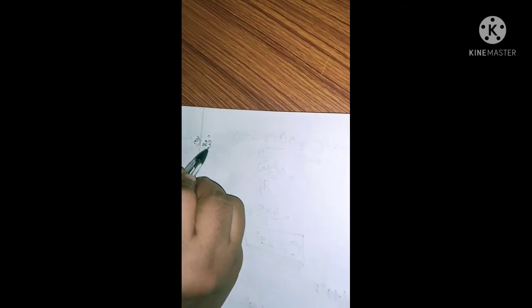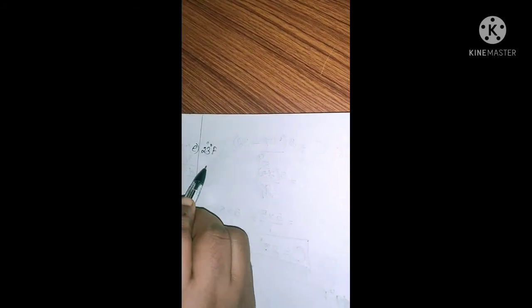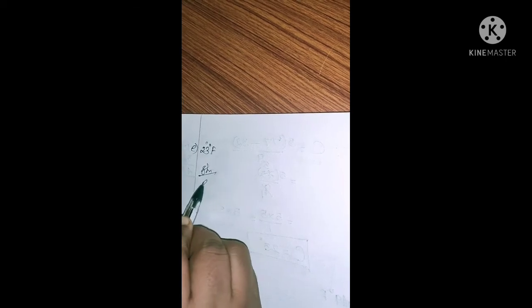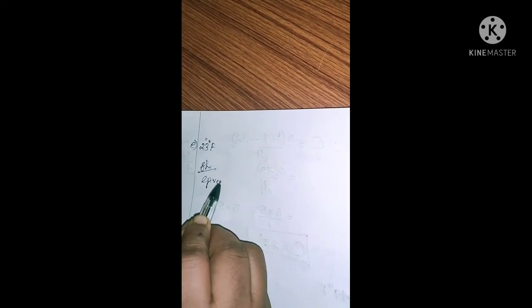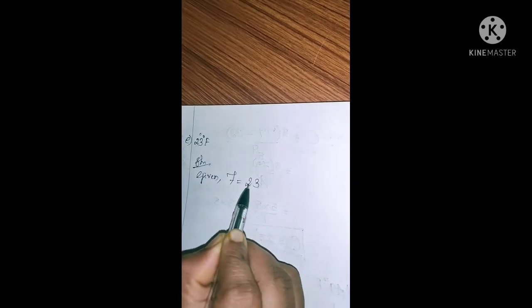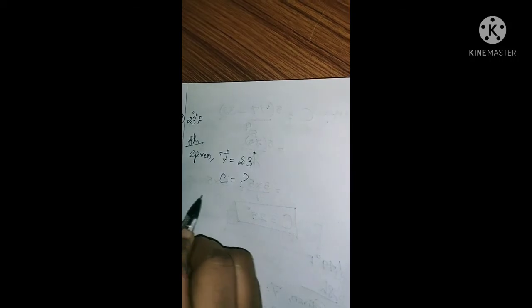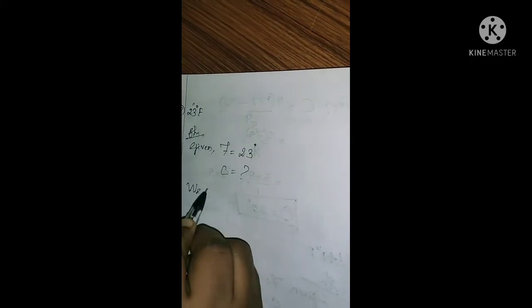That is 23 degree Fahrenheit. Given F is equal to 23 degree. See, they are asking. So we know the formula.